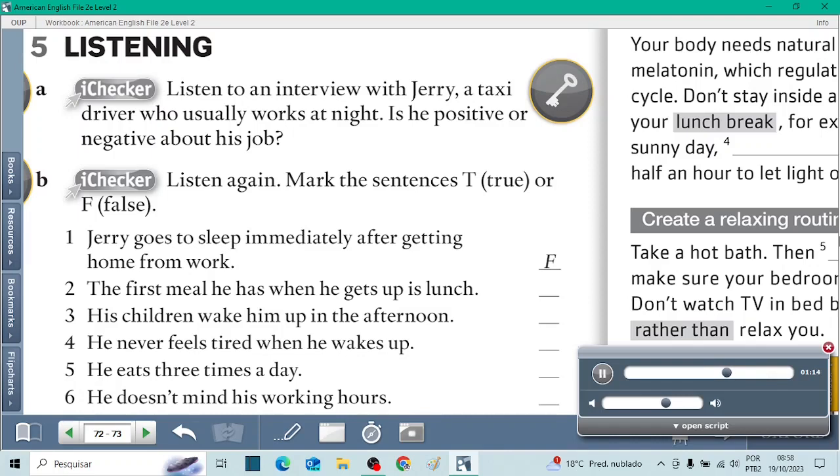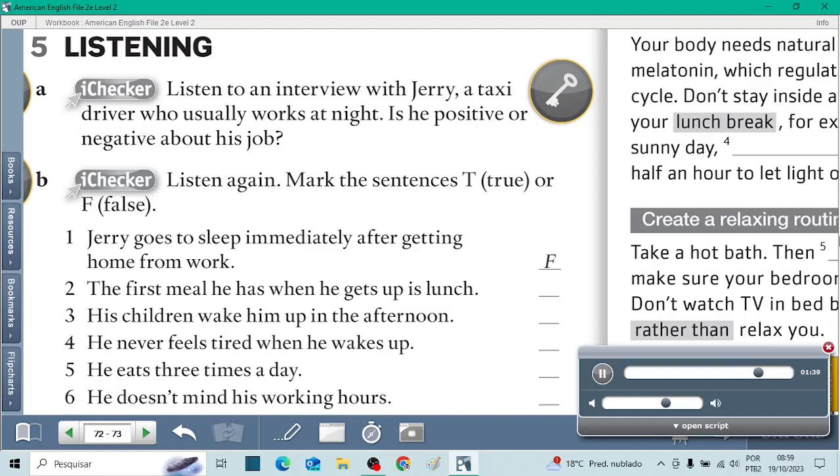What do you do about meals, Jerry? Well, like I said, my first meal of the day is what you would call lunch. Then I have dinner at about midnight with some other drivers in a cafe. When I get home in the morning, I have something light, like a cheese sandwich or some toast before I go to bed. Would you like to change your working hours, Jerry?